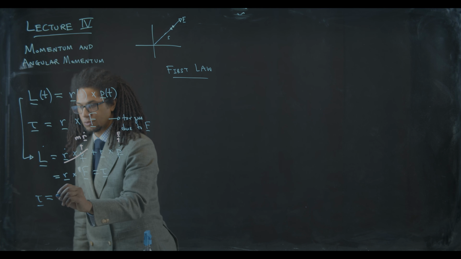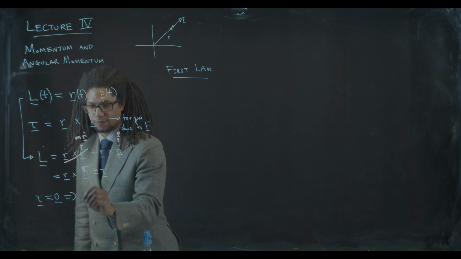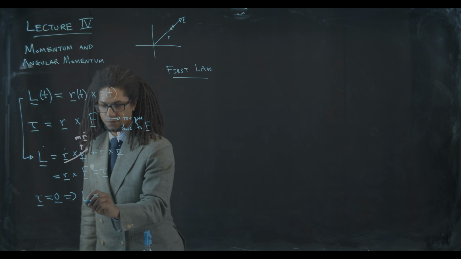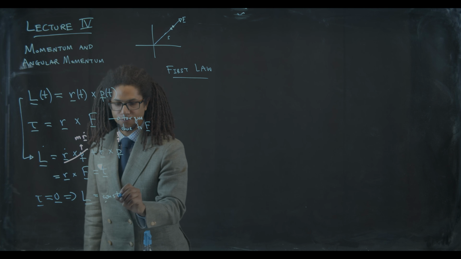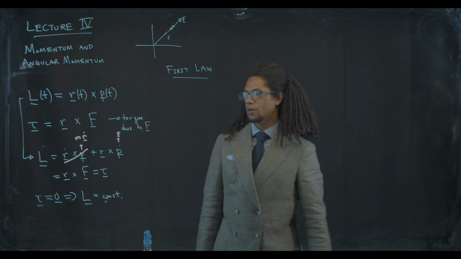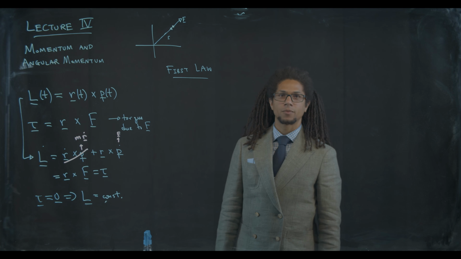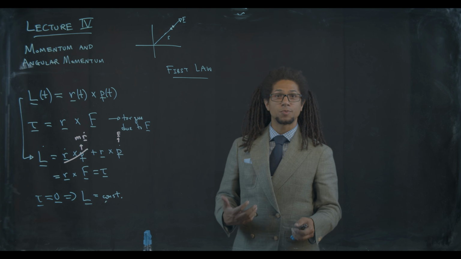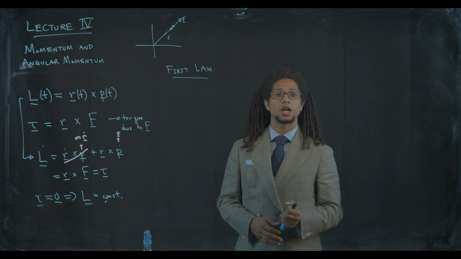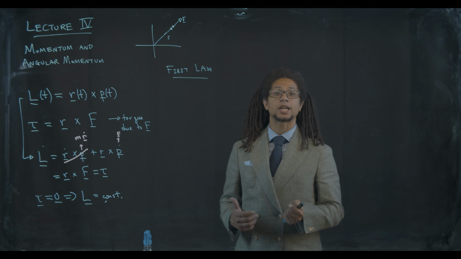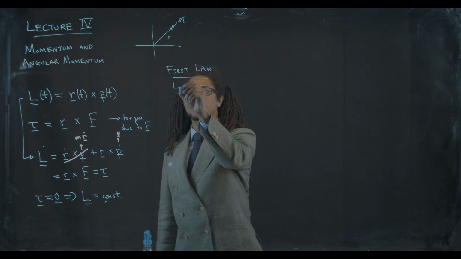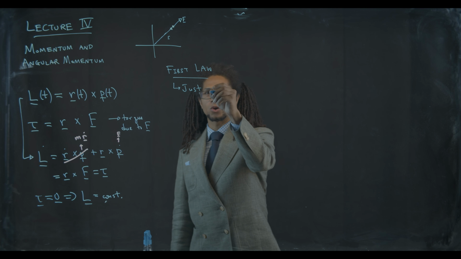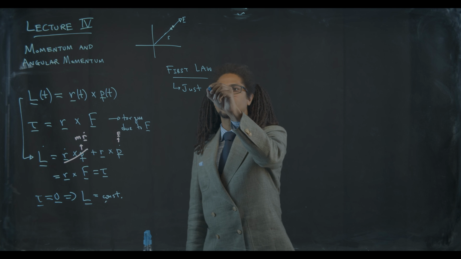In other words, L is going to be a constant vector. But that doesn't feel in the spirit of the first law, which is supposed to allow us to determine the trajectory of objects. So we'll say that for the first law, we just need to use Newton's first law, the ordinary one.